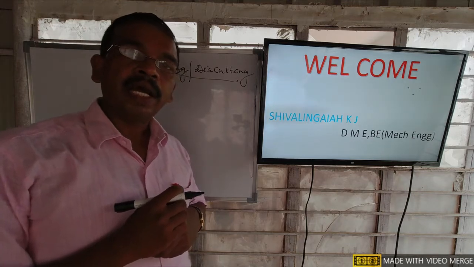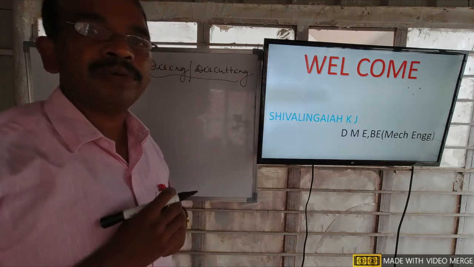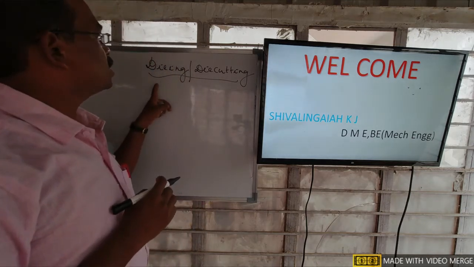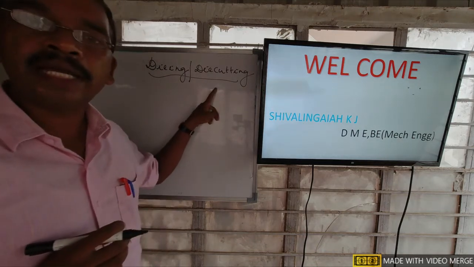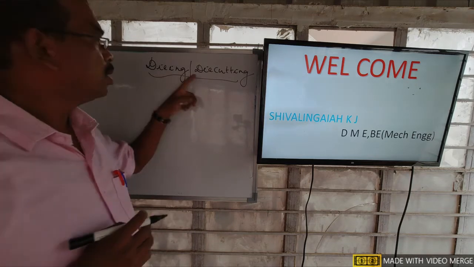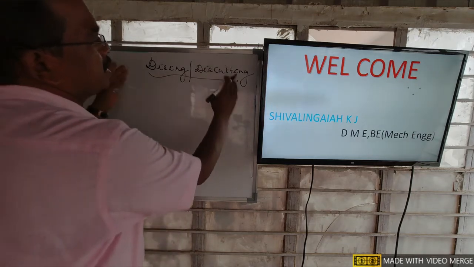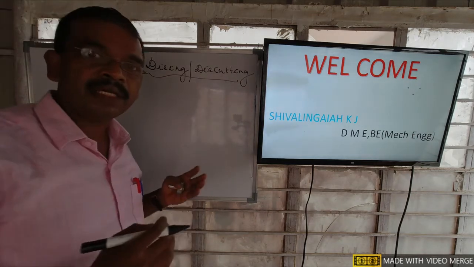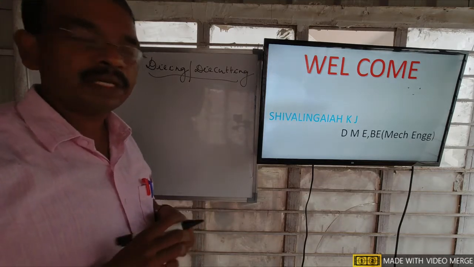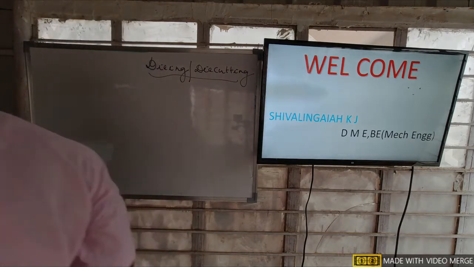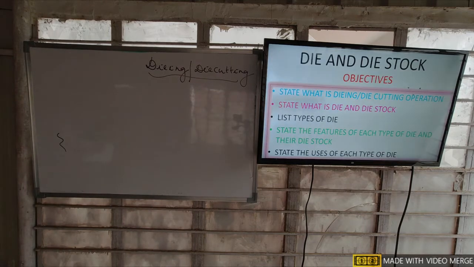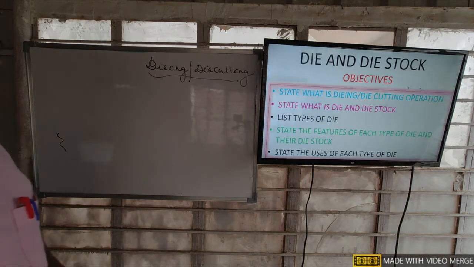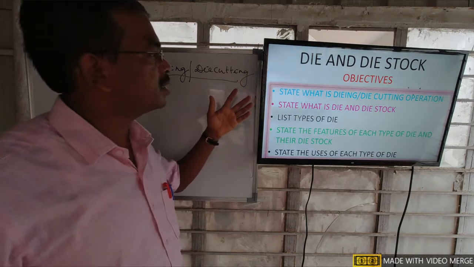Today I would like to discuss with you the tools required for this operation. You already know what the dyeing or die cutting operation is. Today I will discuss this operation as well as the tools required for doing it. Okay friends, let me discuss the objectives or targets for this class.